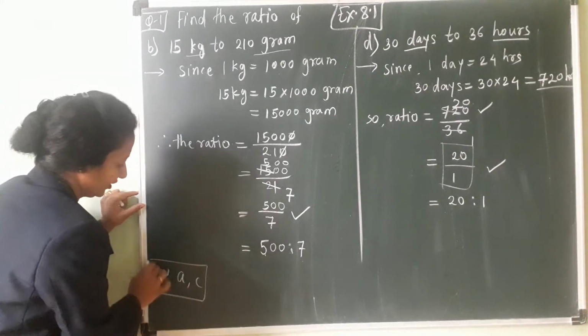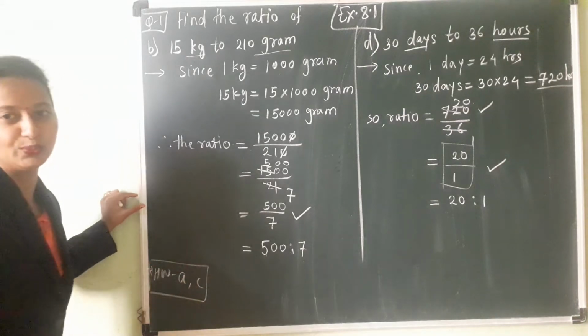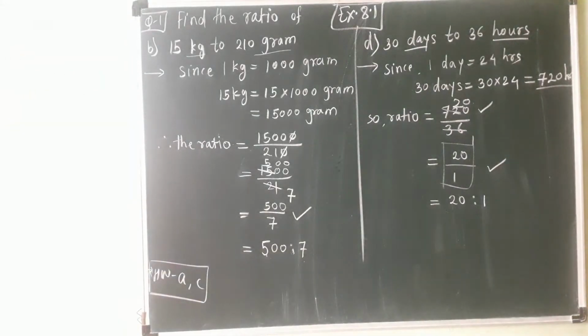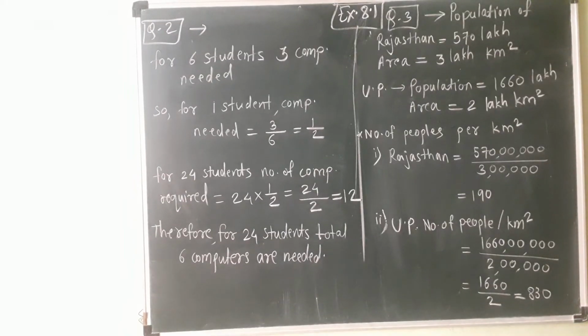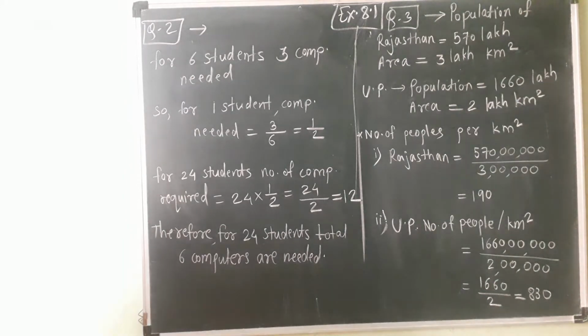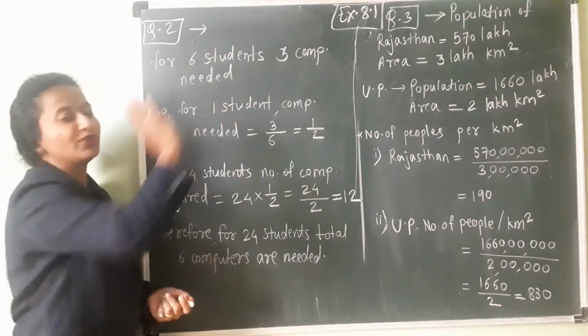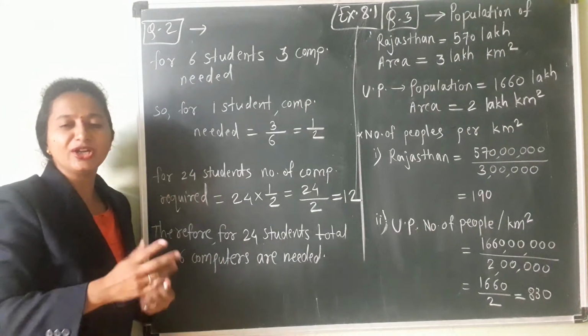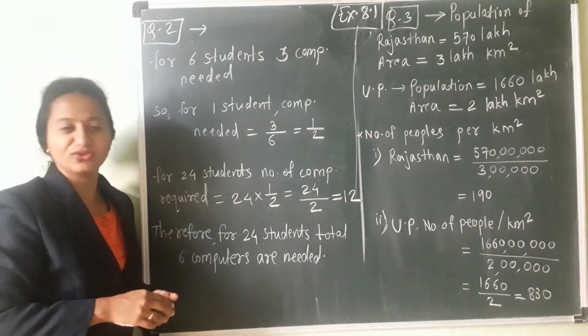Now we'll see question number 2. In question number 2, they have given that 6 students need 3 computers. Then we have to find how many computers are needed for 24 students.